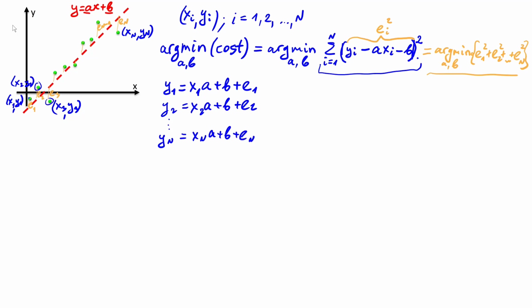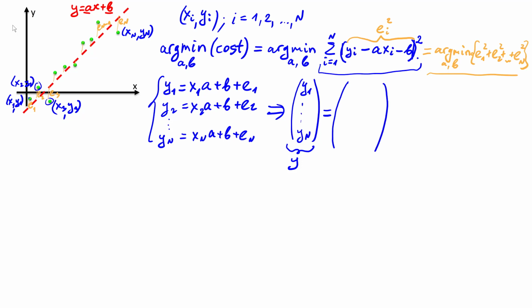So this is technically a system of equations that we can write in matrix form, which is very convenient here. The matrix form will look like this. You have the vector y1 to yn, which we will call vector y, equals a matrix.